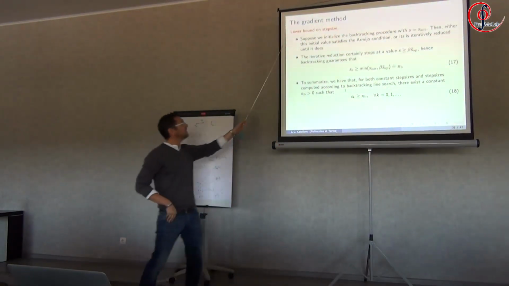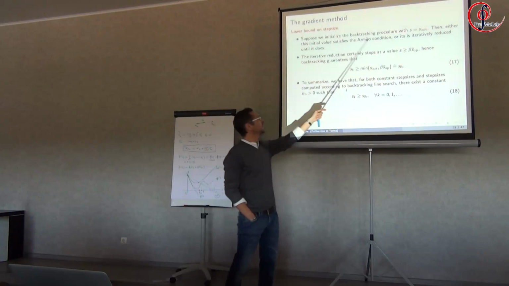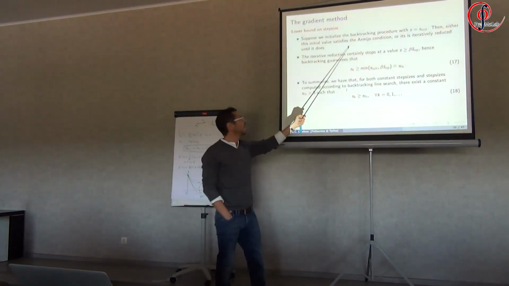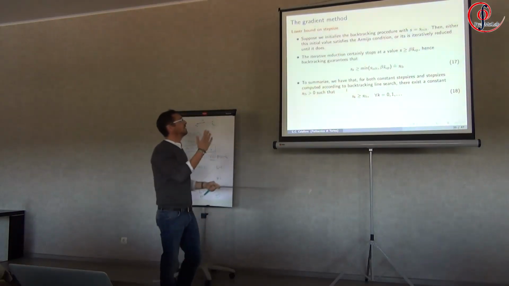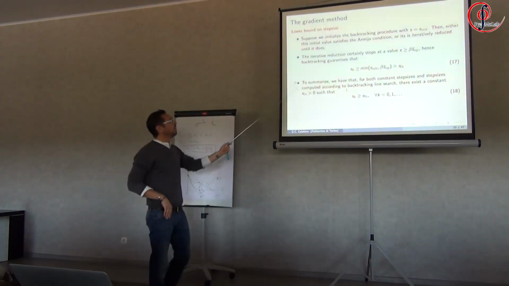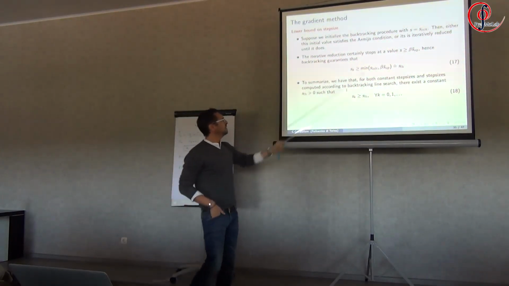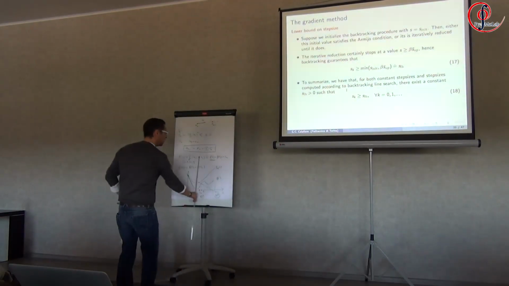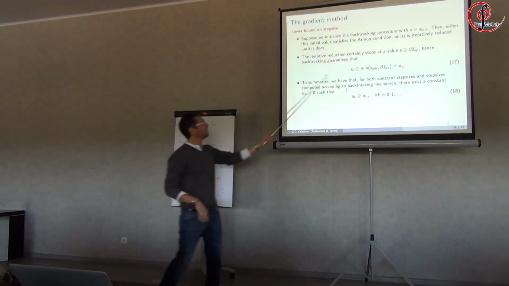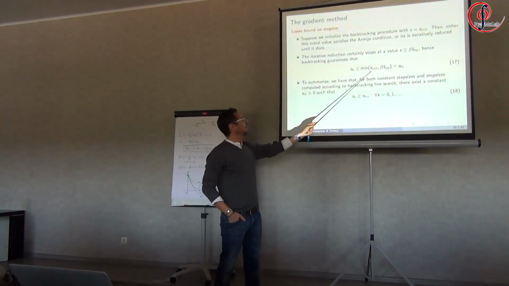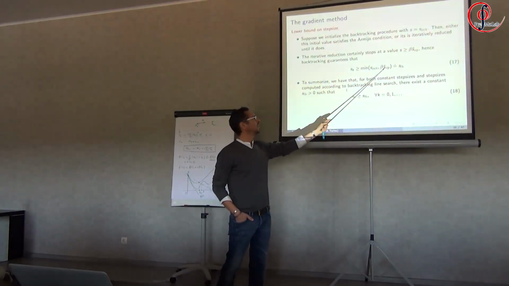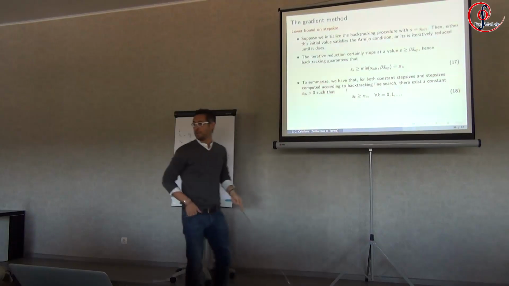Then either this initial value satisfies the Armijo condition, and then we are done, or it is iteratively reduced until it does. But the point is that the iterative reduction certainly stops at a value which is, let's say, the minimum between the initial step size and beta times S up bar.